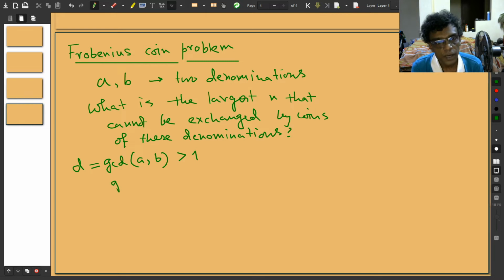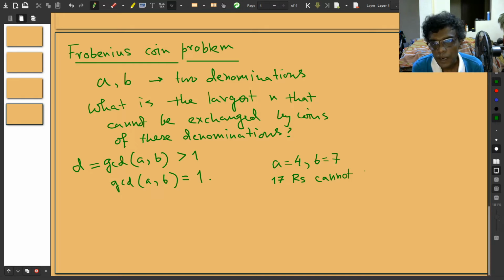So we assume that GCD of A and B is equal to 1. Then this makes sense. So in our case GCD of 4 and 7 is 1. And therefore we at least saw in that example that from some point onward we can represent everything. On the other hand, you can figure out that 17 rupees cannot be exchanged. You try it, you will fail.